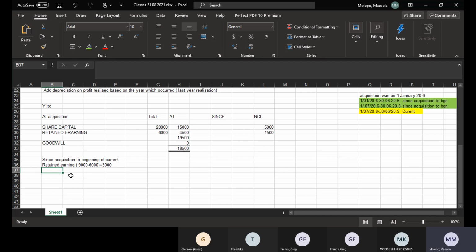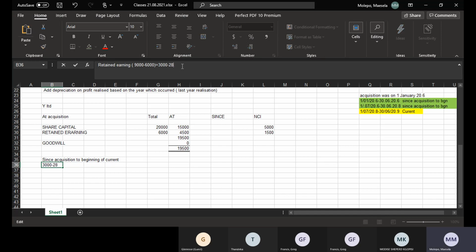But now, because it's not yet realized, it's the unrealized profit. The realization can happen either through selling to outside parties or through the use of that particular asset. So now we have to deduct that 2,800 because it affected the profit in the prior year.